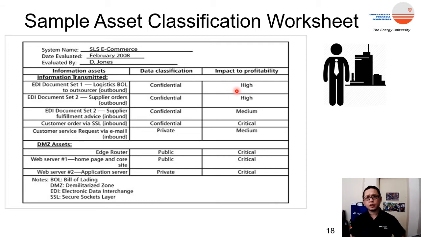Perhaps this type of document really brings monetary value to the organization. And then you have critical, you have medium, and also critical impact to profitability. How you give the ranking depends on how you want to give priority, and how you label the priority depends on your organization. This is just an example that you can use to give ranking and value to the asset that you want to protect.